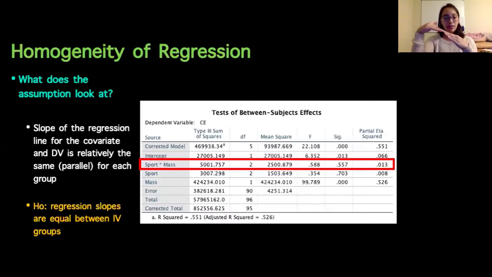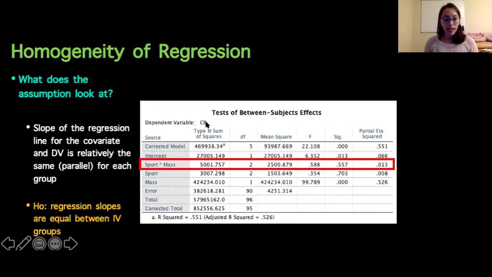And the reason why we look at this interaction is we say, if we have this regression line of the covariate's relationship with the dependent variable, how do those lines compare to each other when we organize by the independent variable, which in this example is sport? In this case the covariate is mass and the dependent variable is caloric expenditure, right?